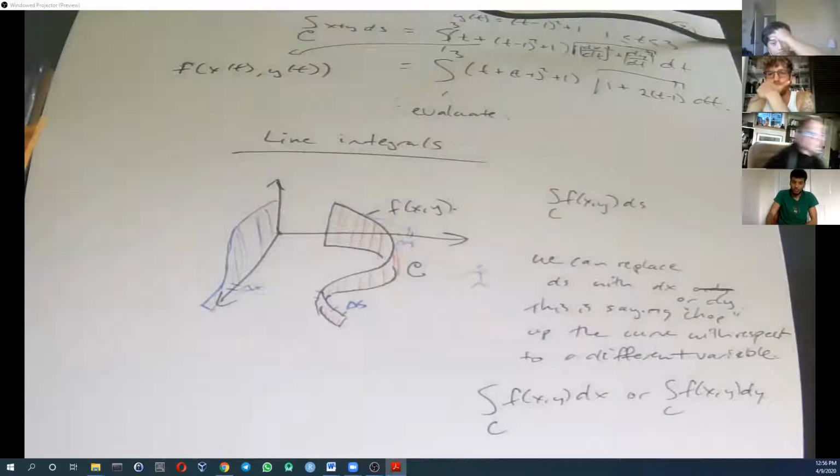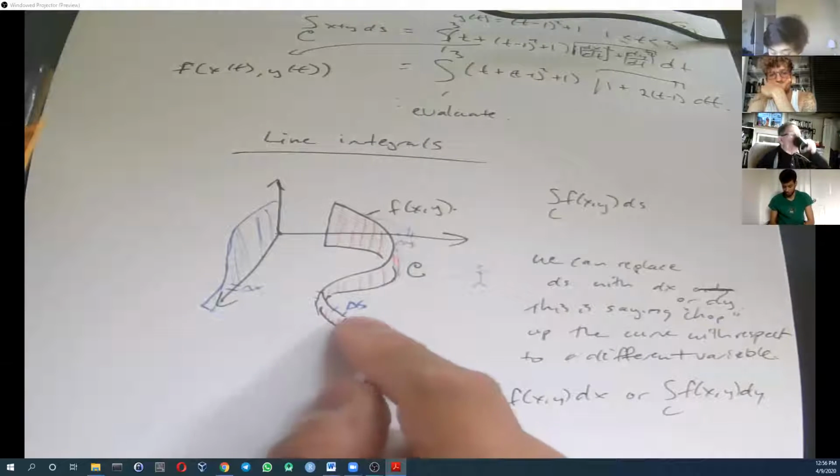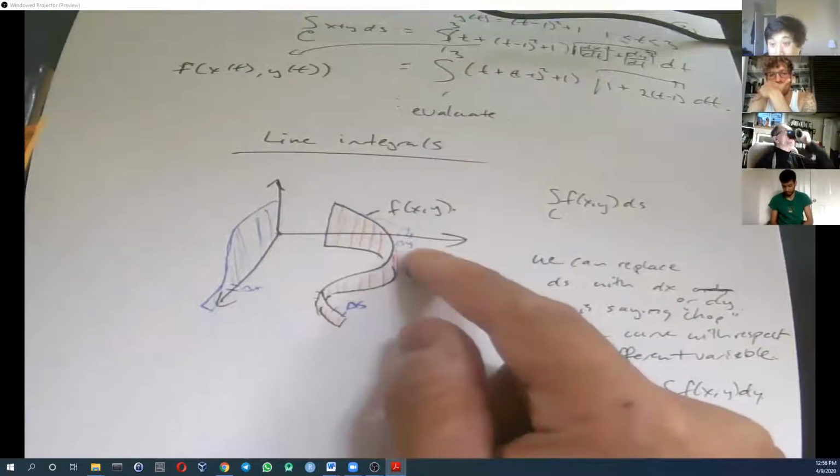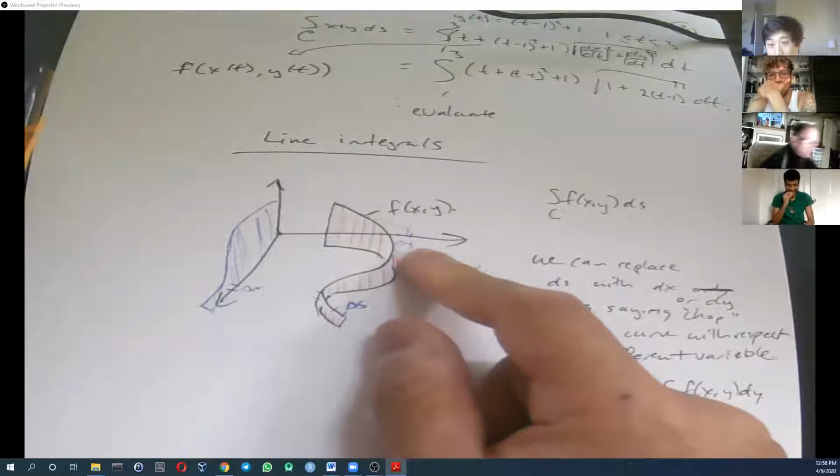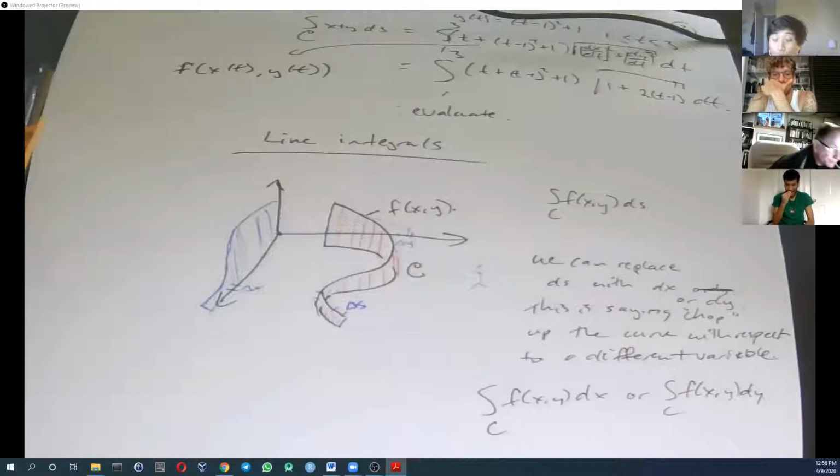But delta s is the only one that will give you evenly distributed chunks. No, Maggie, think about this. I have control over the size of these chunks. I have complete control over how big delta s, delta x, or delta y is.